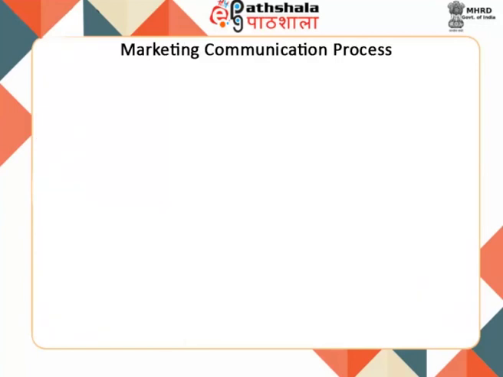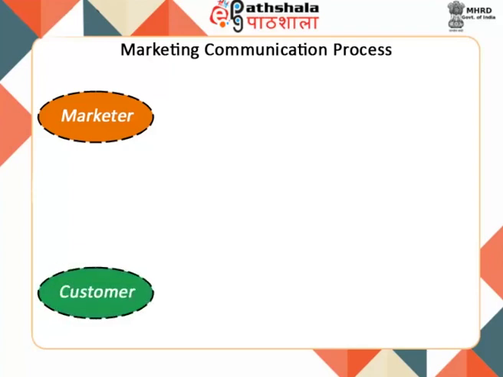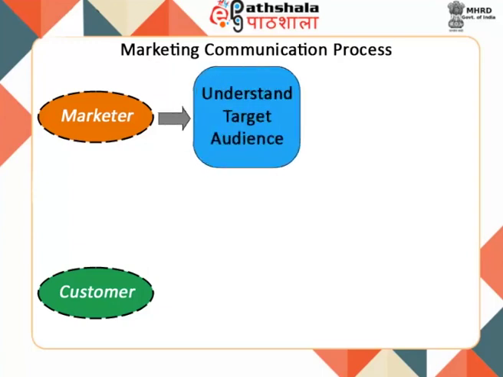Let us now discuss the marketing communication process. The marketer acts as the sender of the message, while the customers, stakeholders, or general public are the receiver of the message. He tries to understand everything about his target audience so as to choose the right symbols to communicate with them.